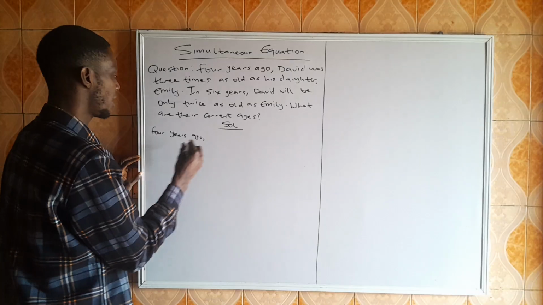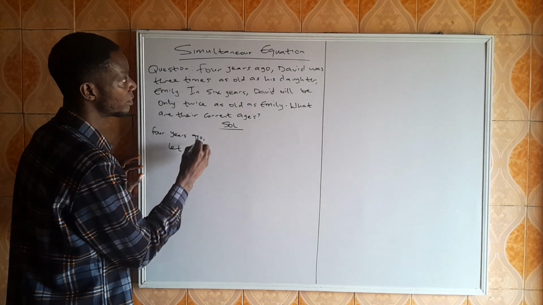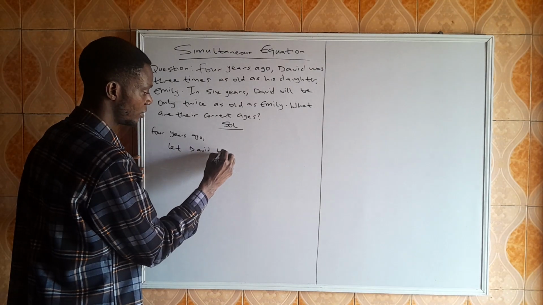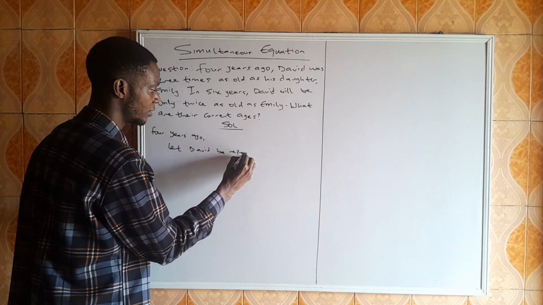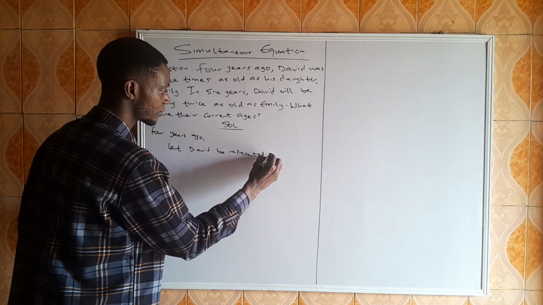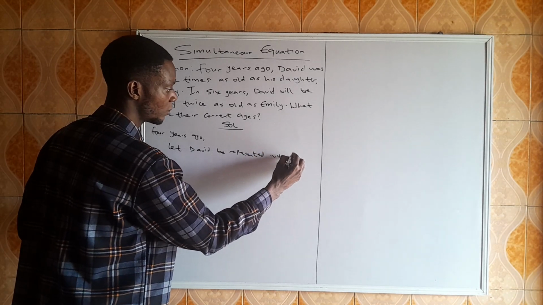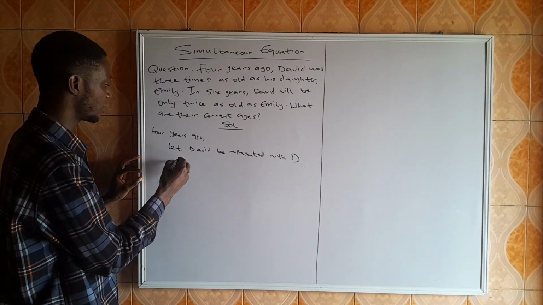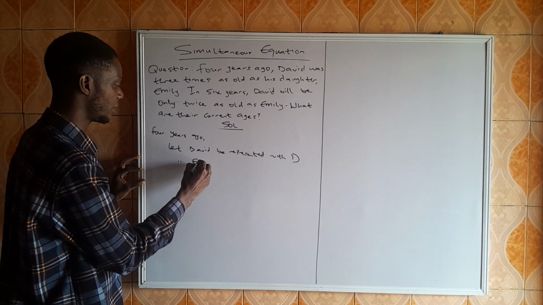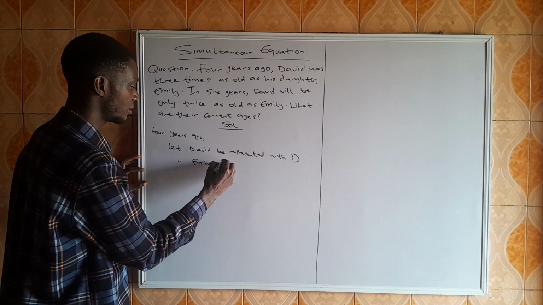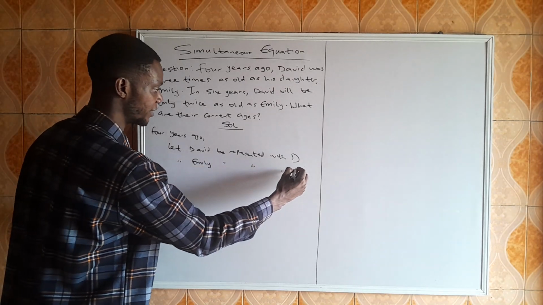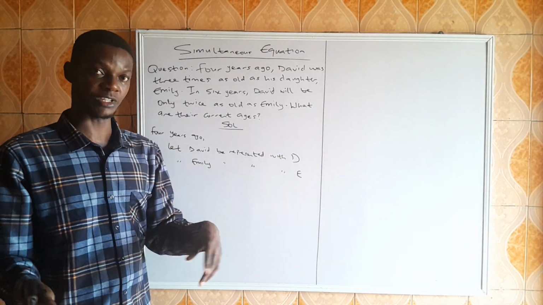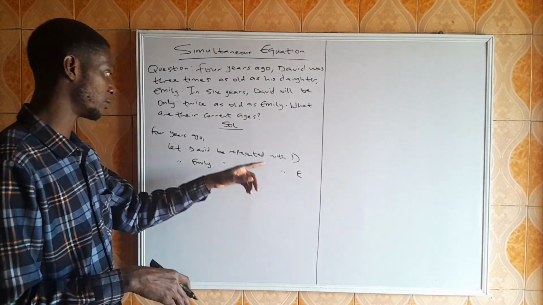Let David be represented with D, while his daughter Emily is represented with E. So anywhere I put D, that means David, and anywhere I put E, I'm referring to Emily.